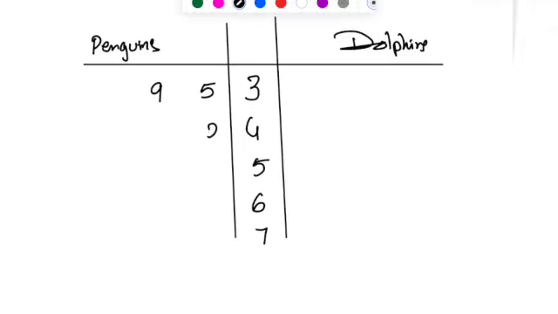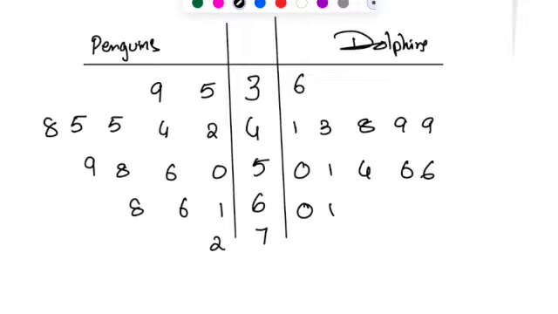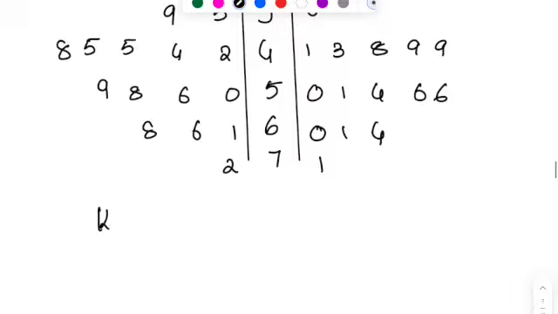I am directly writing it out over there. 2, 4, 5, 5 and 8, 0, 6, 8 and 9, 1, 6 and 8 and 72. For dolphins it's going to be 6, 1, 3, 8, 9, 9, 0, 1, 4, 6, 6 and 0, 1, 4 and 71.